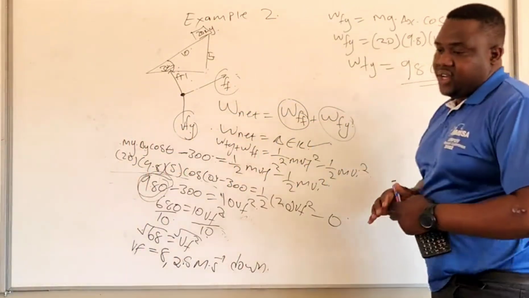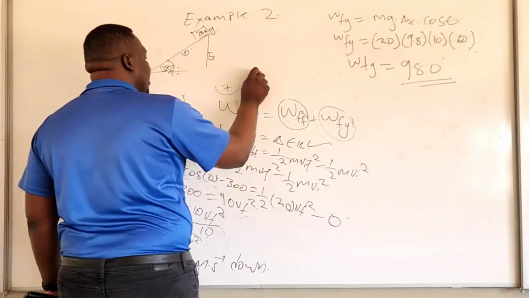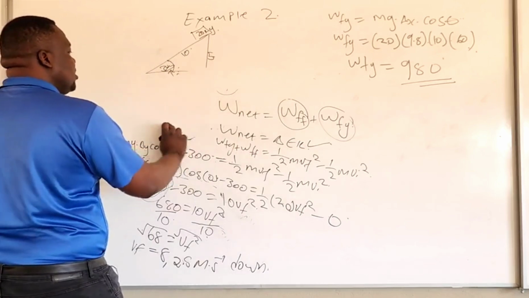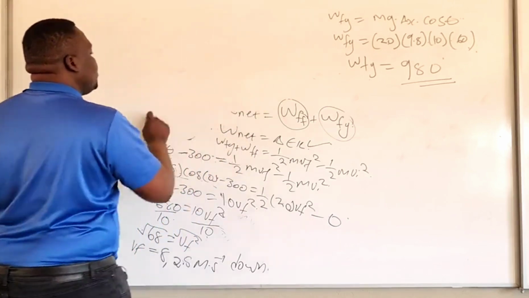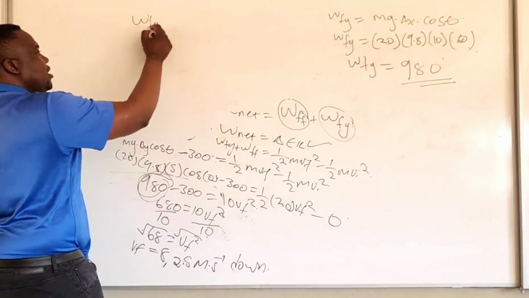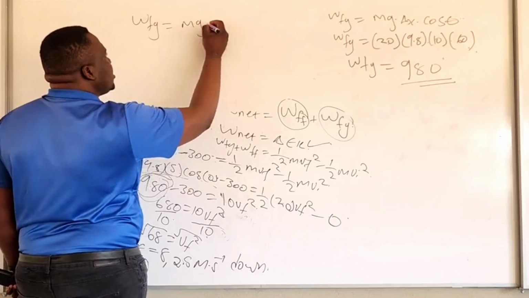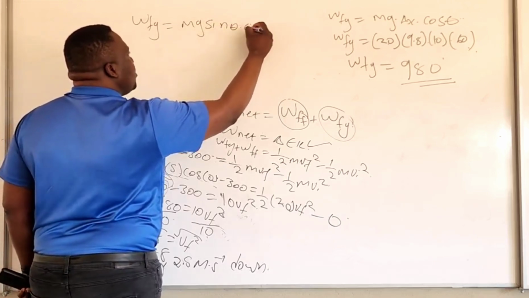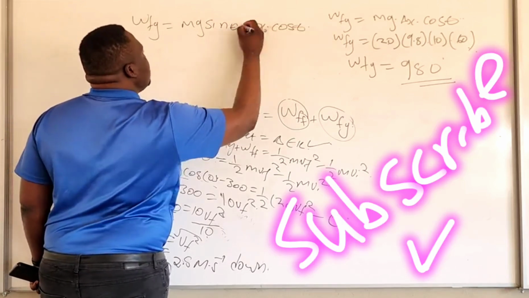You understand? Okay, let me show you the third method of calculating the work done by gravitational force for the scenario that is on our screen. Work done by gravitational force is equal to mg parallel, mg sine theta, then delta x cos theta.